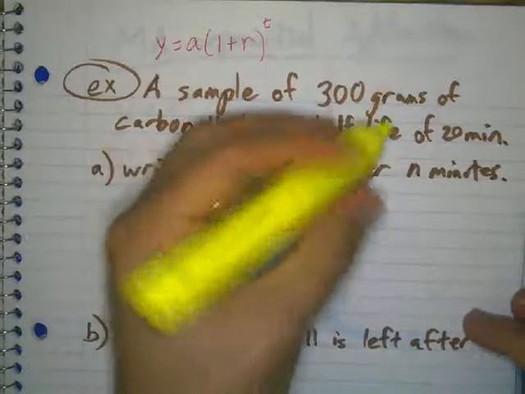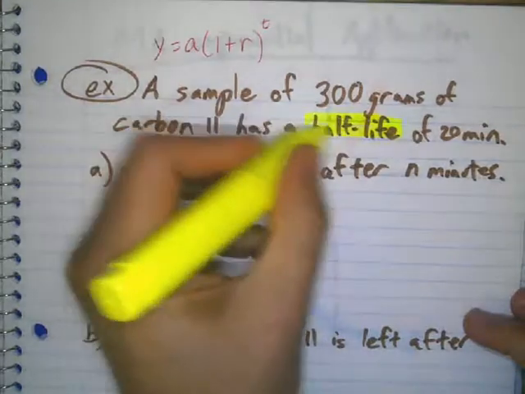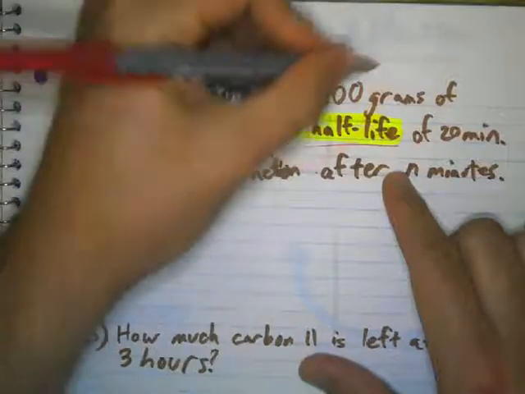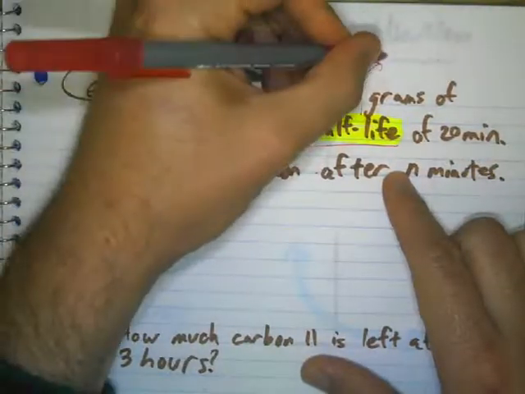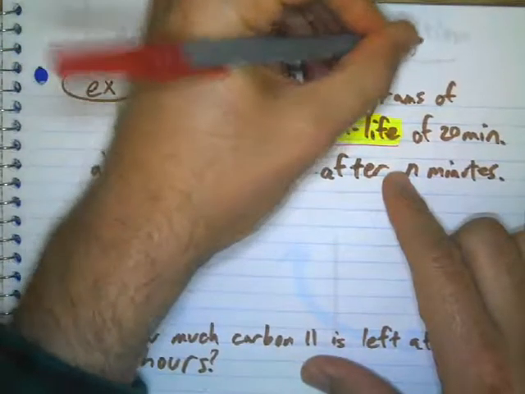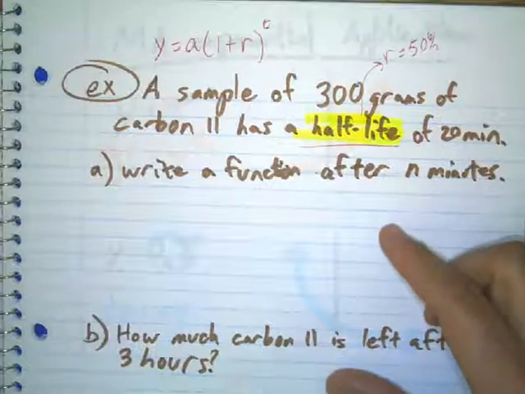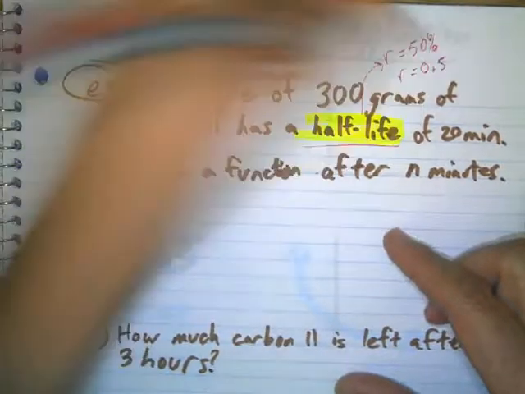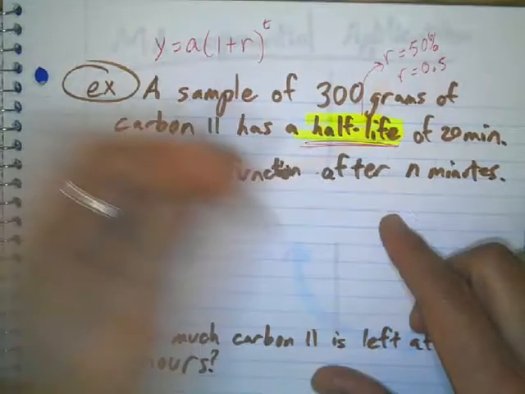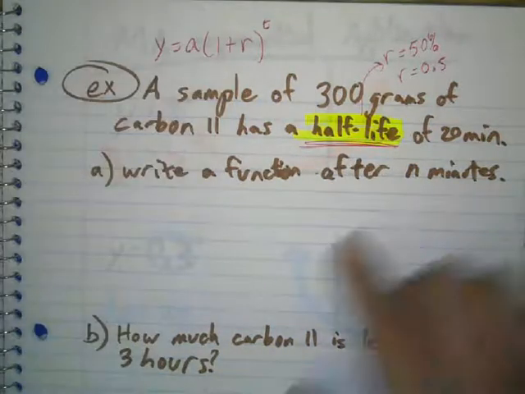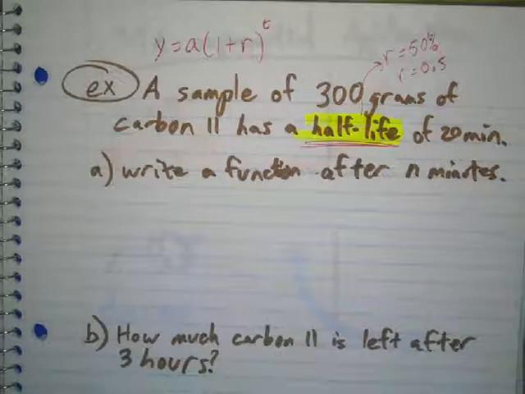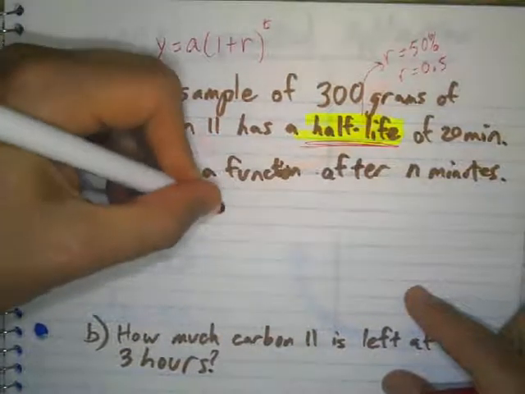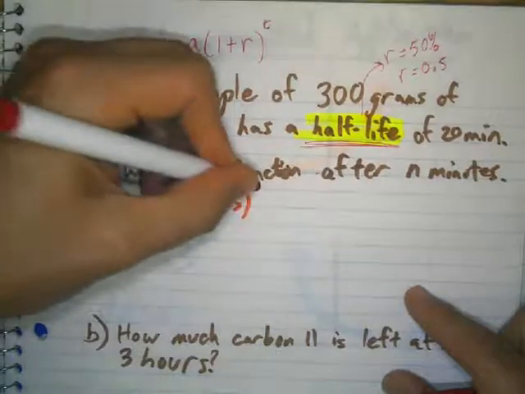If it's got a half-life, that means it's getting smaller, and the rate is 50%. Okay, well, how do I do 50% as a decimal? The rate is 0.5. Okay, now since it's decreasing in value, we're going to have minus that. So we have y equals a times 1 minus 0.5 to the power of t.